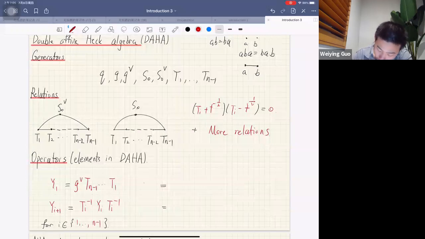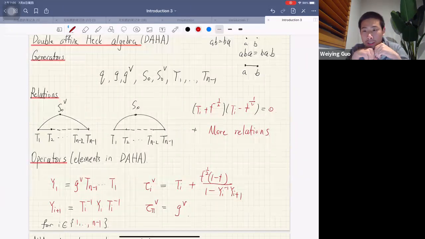We also have some intertwiners, which are called tau i check, which we denote to be Ti plus T to the minus half, 1 minus Yi inverse Yi plus 1, in brackets. And we also have tau pi check, which is simply g check.